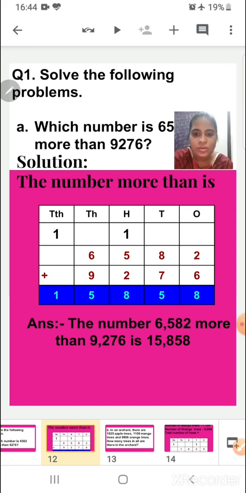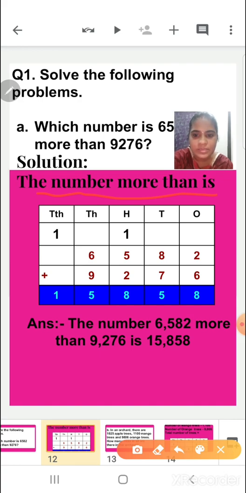Children, so the number 6,582 more than 9,276 is 15,858. Write down the answer properly. We will write: the number 6,582 more than 9,276 is 15,858.